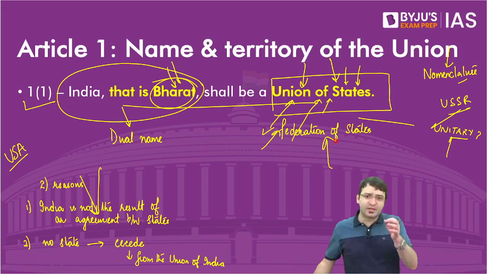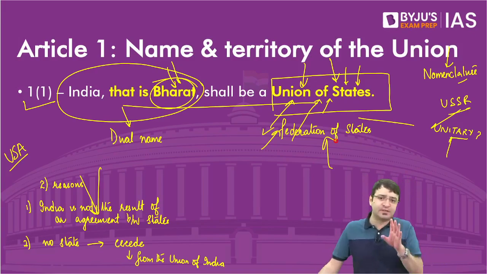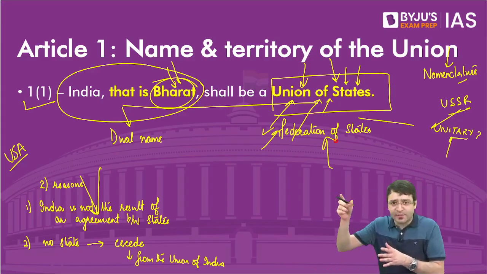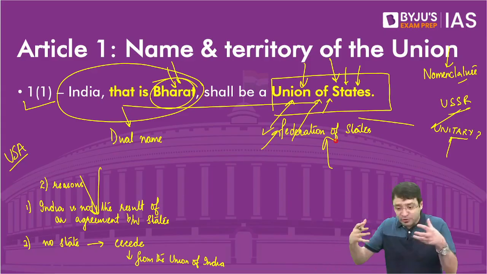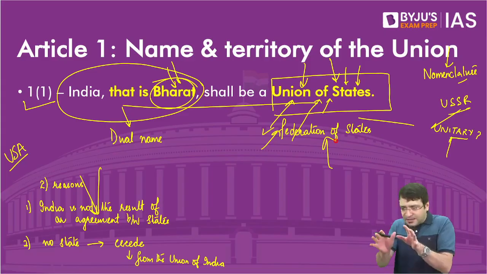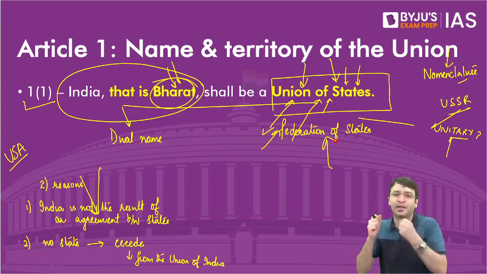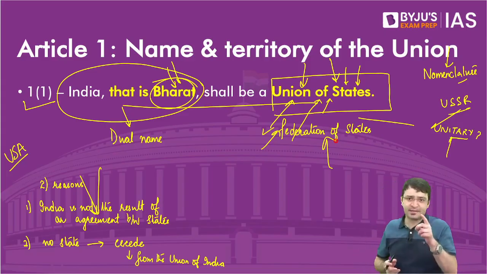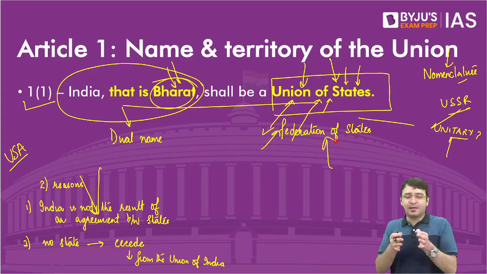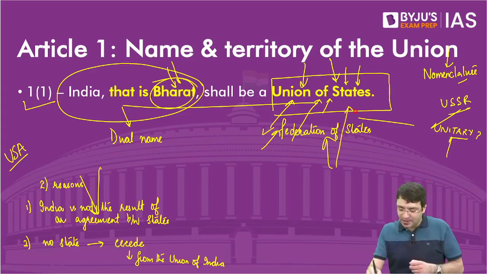But I've used the term union of states for two reasons. Number one, India, unlike the United States of America, is not the result of an agreement between states. India was already there. Other states decided to merge with India. And no state has the right to come out of the Union of India. That is why India, that is Bharat, shall be a union of states.